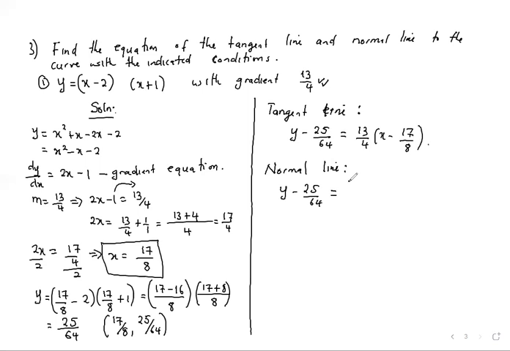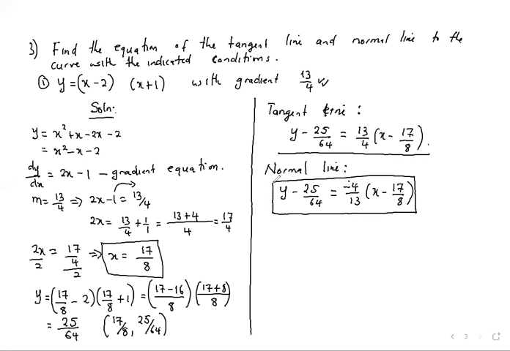So we'll reciprocate it now, and it will be negative 4 over 13 times (x minus 17 over 8). Remember, it will always be your duty to simplify here if there is a demand. These are the equations that we are looking for that have their basis on the condition given.